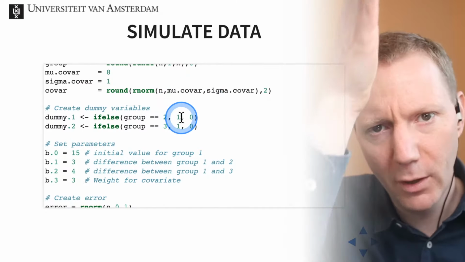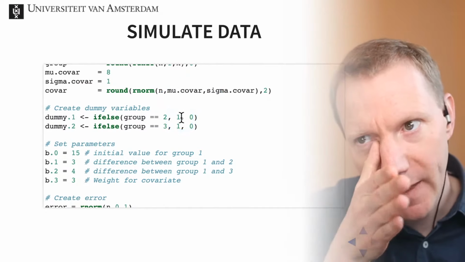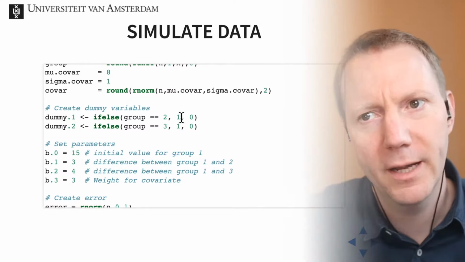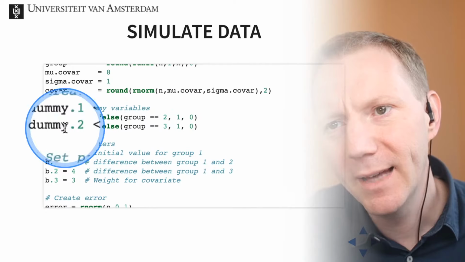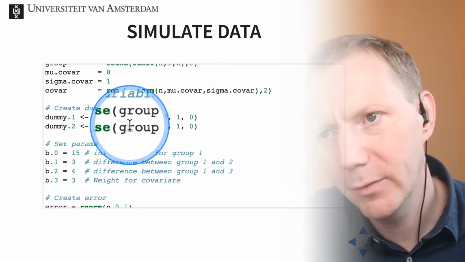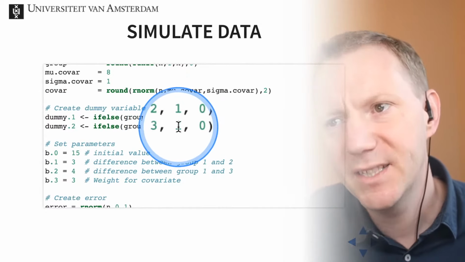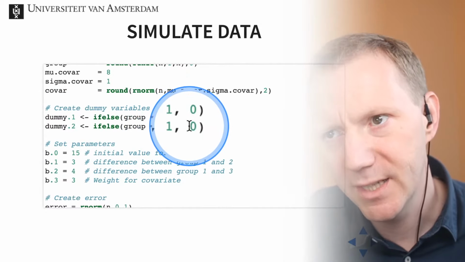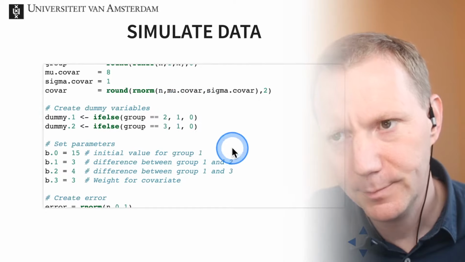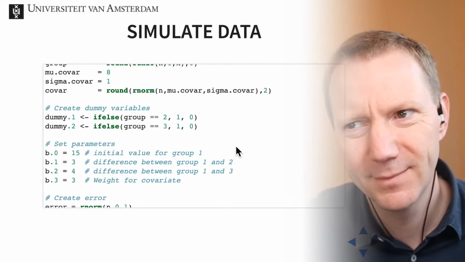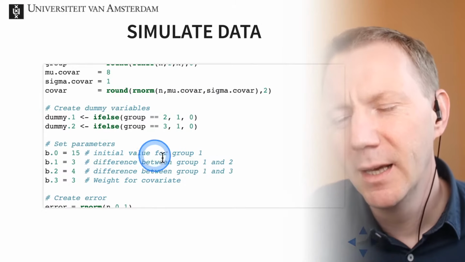So that means you have a column in SPSS that is only 1 if you're German and 0 in all other cases. And dummy variable 2 states that if your group value is 3, so that's Belgium, then it's set to 1, and in all other cases it's set to 0. Got it? Yes. Cool.